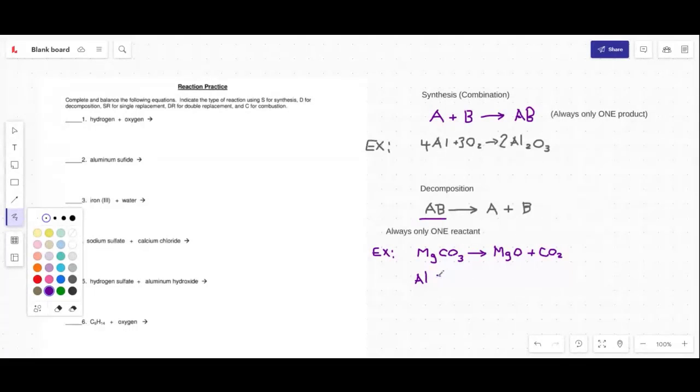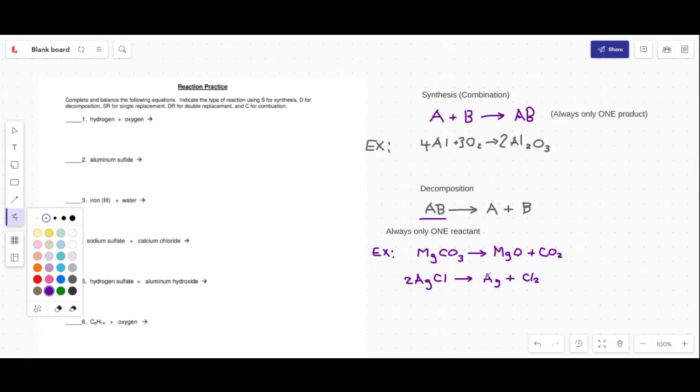I don't want Al, I want Ag. I'm trying to keep these reactions that I know happen, like real reactions. I guess it's not that important, but AgCl, silver chloride, used in photography, will break apart into silver metal and chlorine gas.